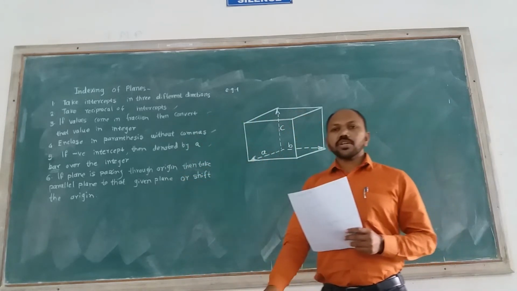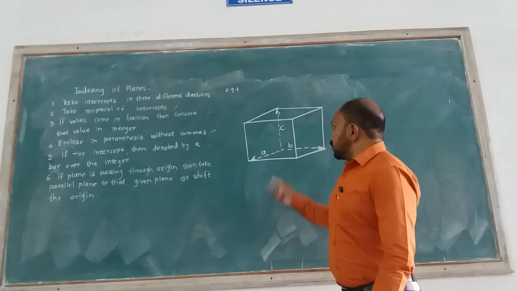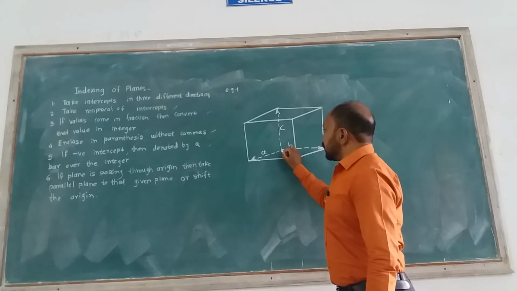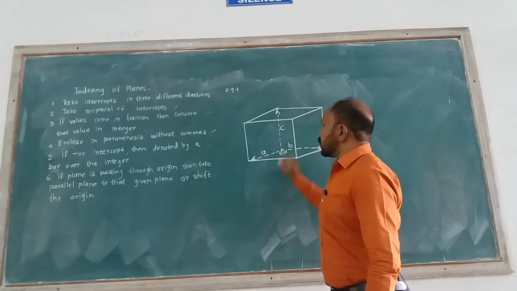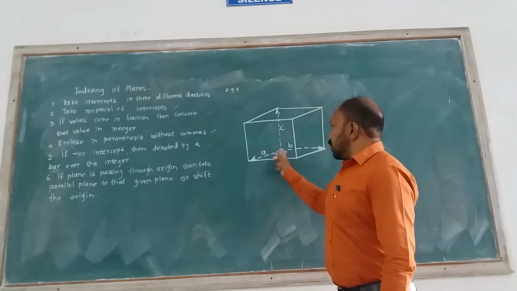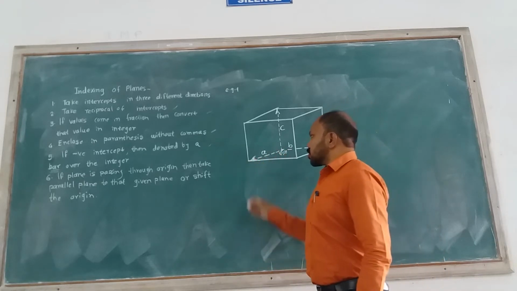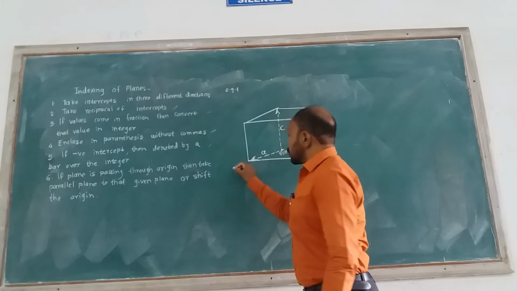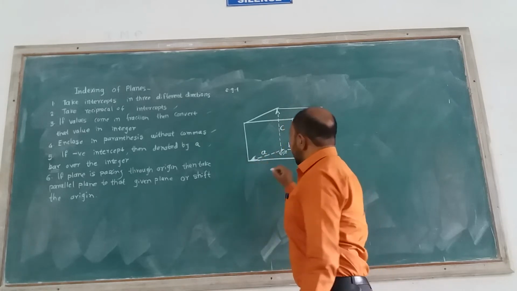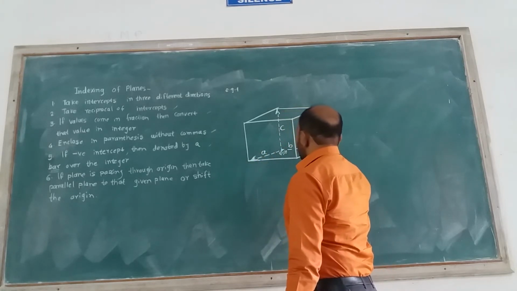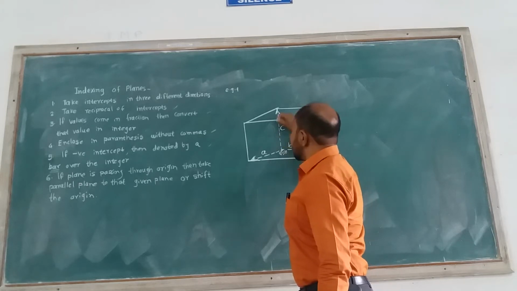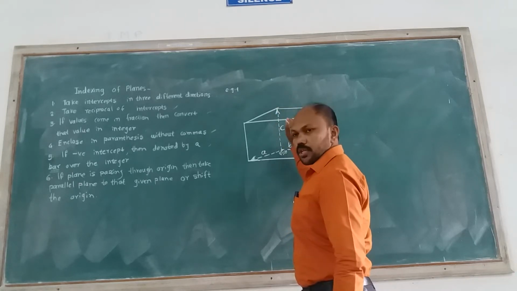Here we consider the origin, the 0, 0 location. This is the a direction, positive along this direction, this is the b direction, positive in this direction, and this is the c direction, positive in the upward direction.